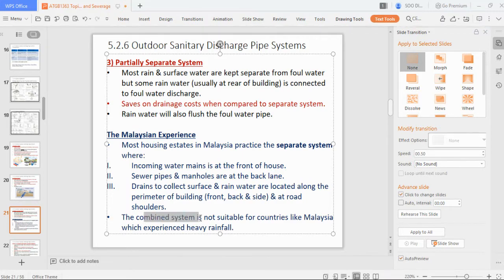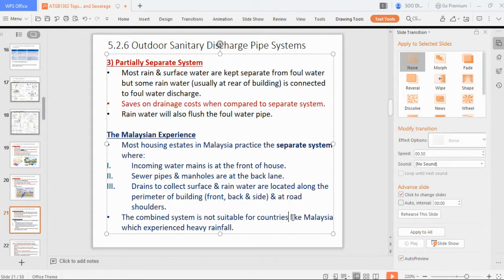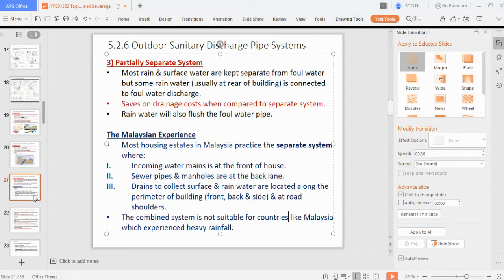So the combined system is definitely not suitable in Malaysia because we have very high rainfall. So high rainfall equates to a lot of rainwater. So a lot of rainwater, if you were to pump it into our sewage treatment plant, will definitely cause the sewage treatment plant to fail.